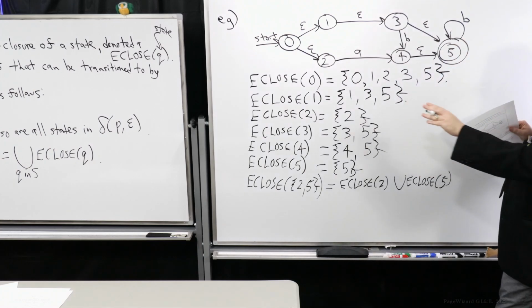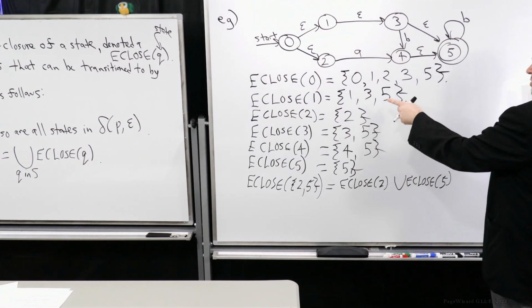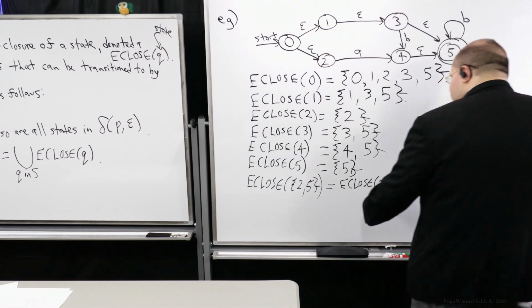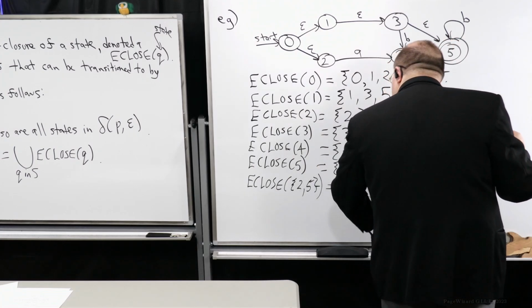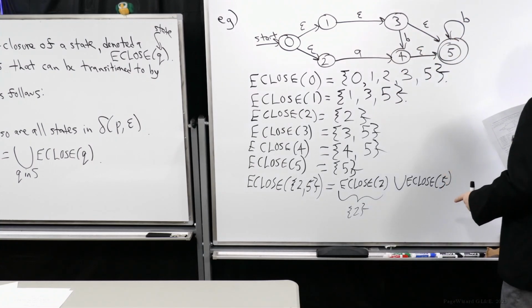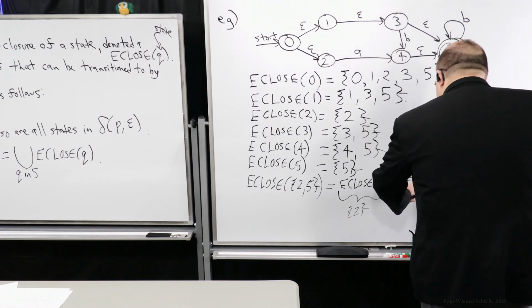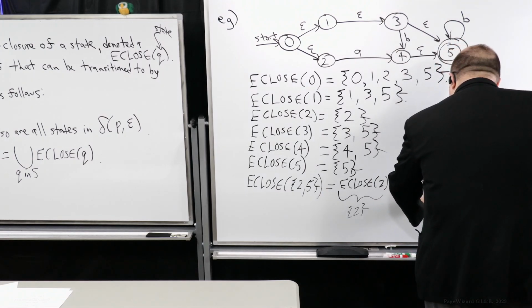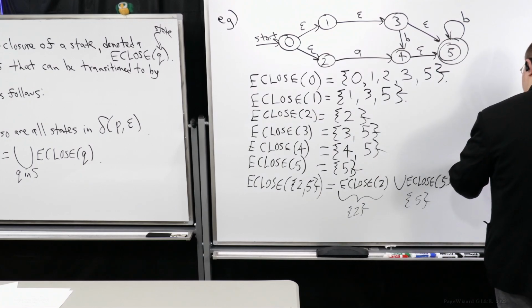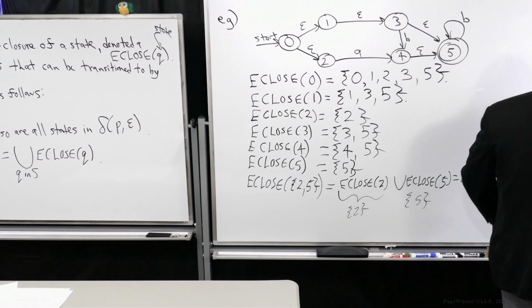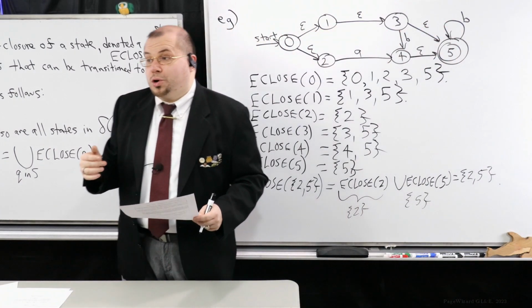That's what we defined the epsilon closure of a set of states to be. So the e-close of 2 is just 2, the set containing state 2. And how about 5? Well, it's just 5, the set containing state 5. So if I take the union of the results, I end up with just the set containing states 2 and 5. And that's it. So that's how epsilon closures work.